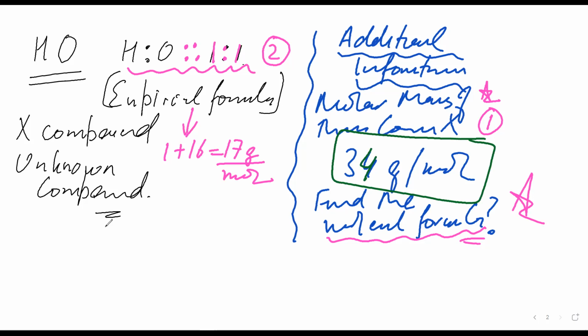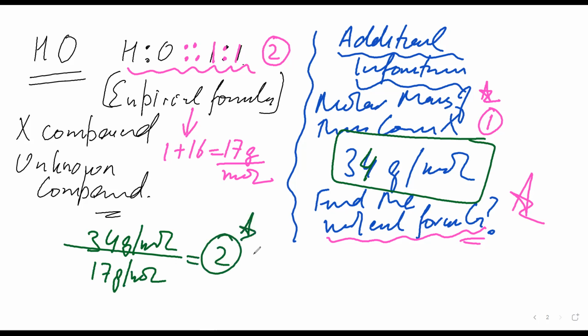I take the ratio of the molar mass as per the molecular formula and divide it by the molar mass as per the empirical formula. Okay. The ratio is 2. Therefore, I'll have to multiply both sides by 2 and 2.